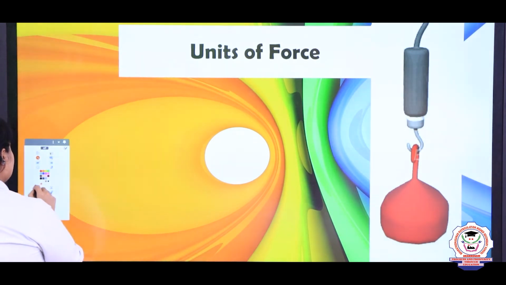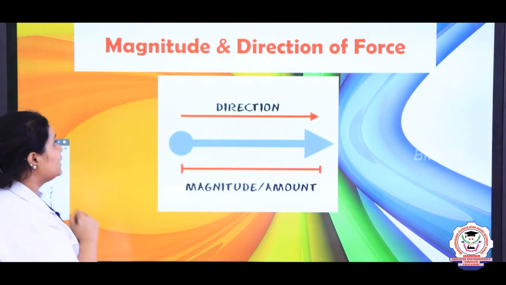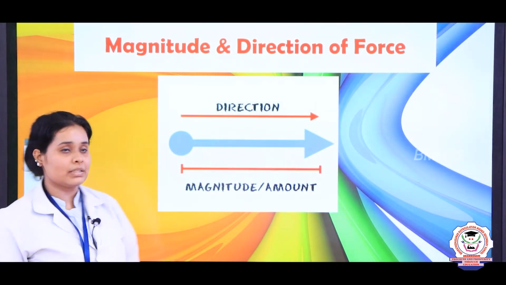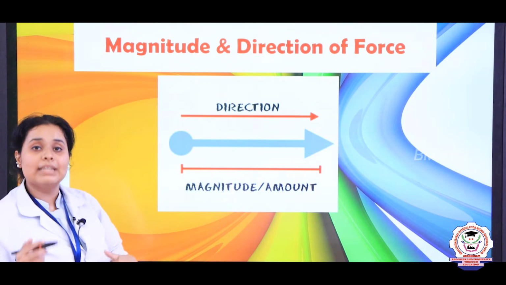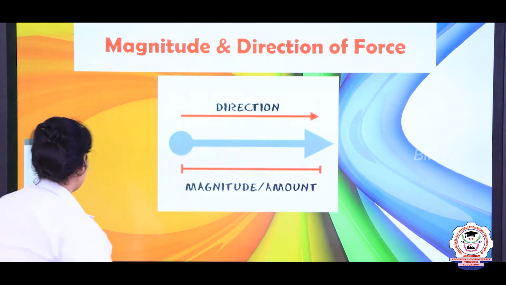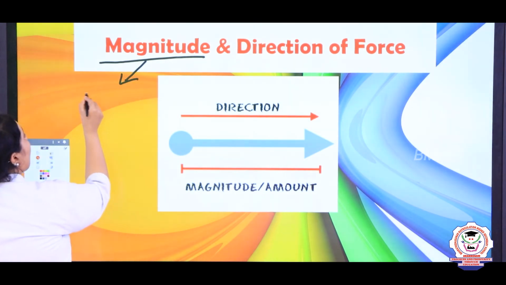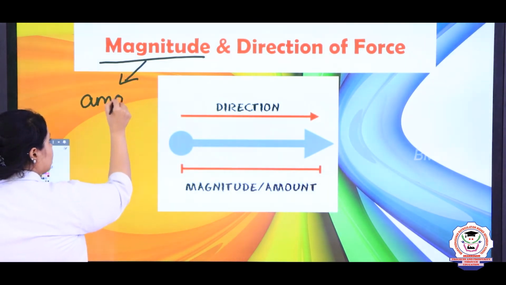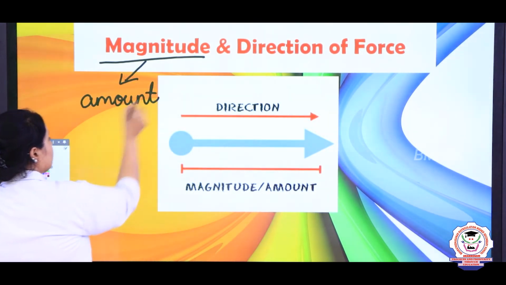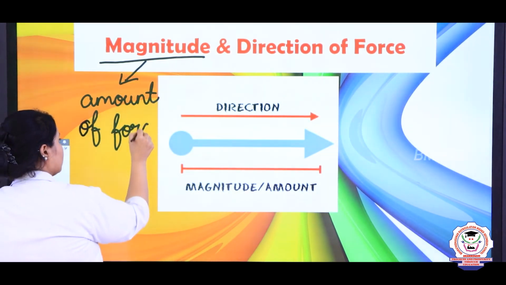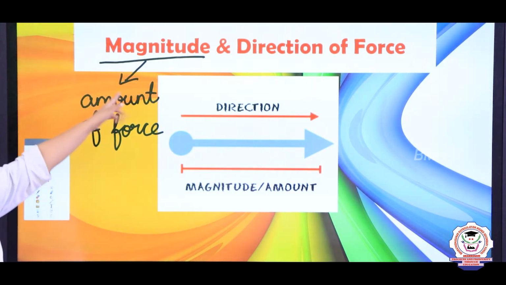Okay. Yes. Now, let us see what the magnitude and direction of a force mean. So, children, magnitude is nothing but the amount of force. What is magnitude? Magnitude is the amount of force, okay, which is known as magnitude.